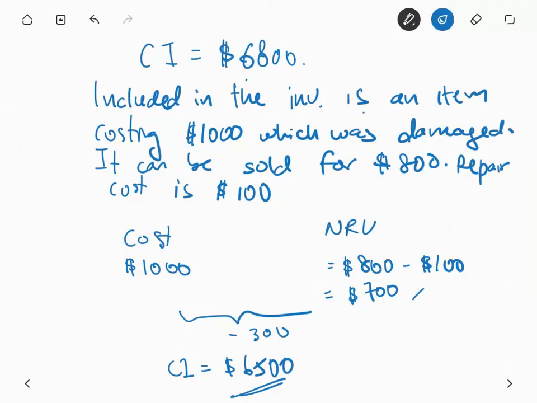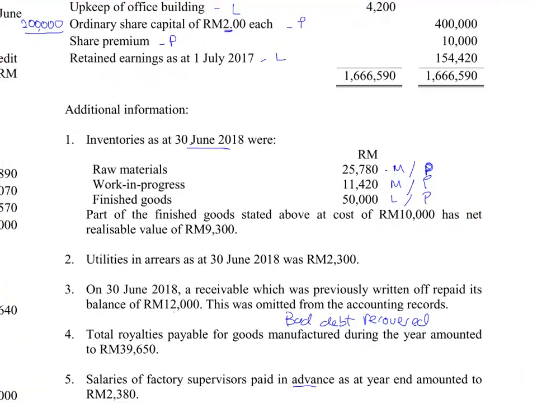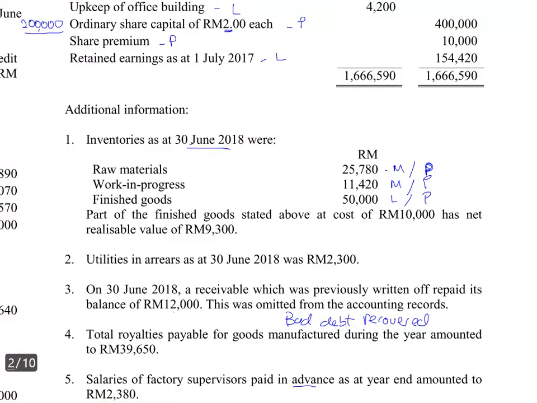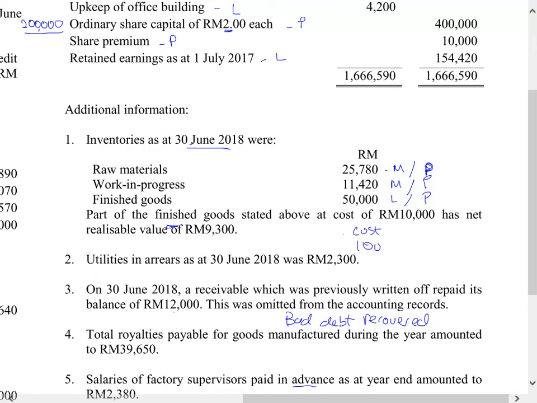Now, try this. I have a closing inventory. Part of the finished goods means part of this 50,000. Stated above, part of this 50,000 at a cost of 10,000 has an NRV of 9,300. My cost is 10,000, has got NRV of 9,300. It is included in this 50,000.